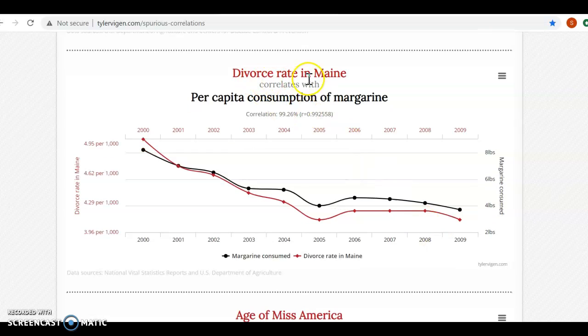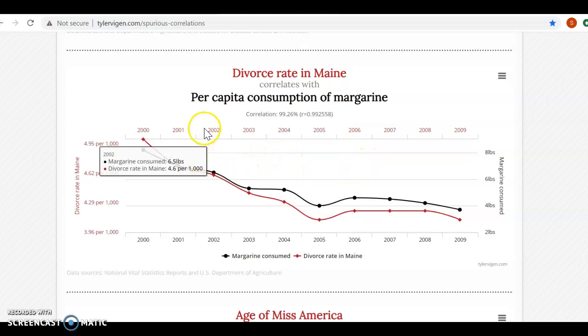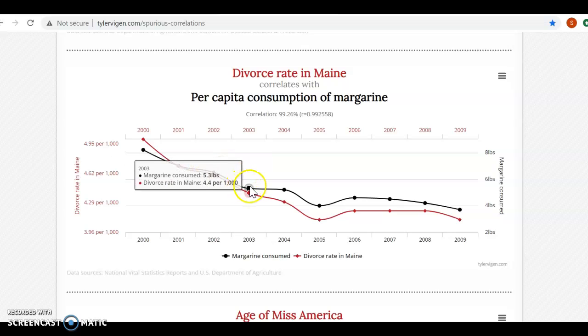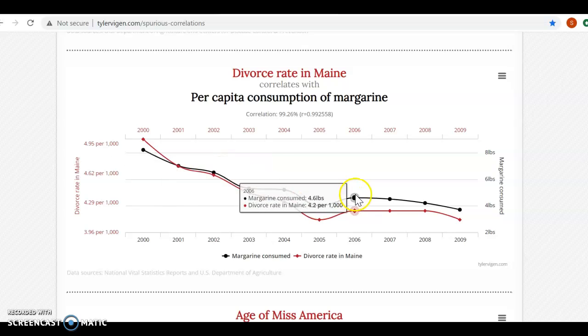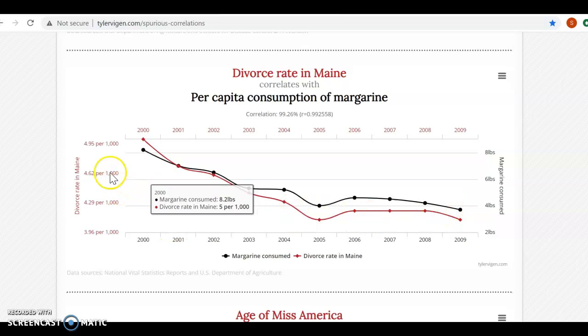Then there's the divorce rate in Maine and the per capita consumption of margarine. So, if you don't want to get divorced, don't eat margarine, right? No, that's not it. There are other lurking variables that could be in play. How about the fact that maybe people aren't getting married as much? Or that maybe margarine is becoming less thought of as healthy? So there are some other lurking variables here.